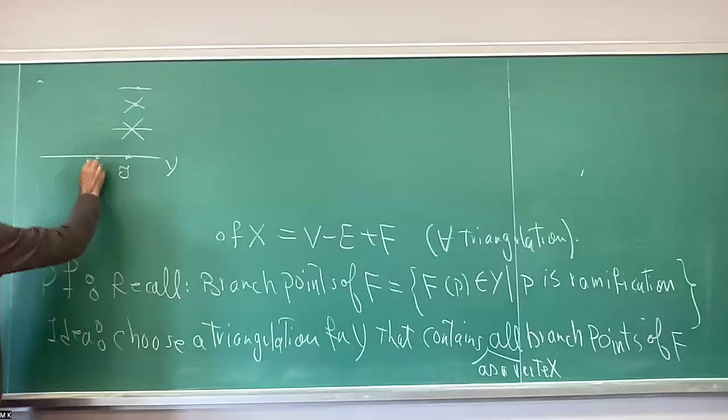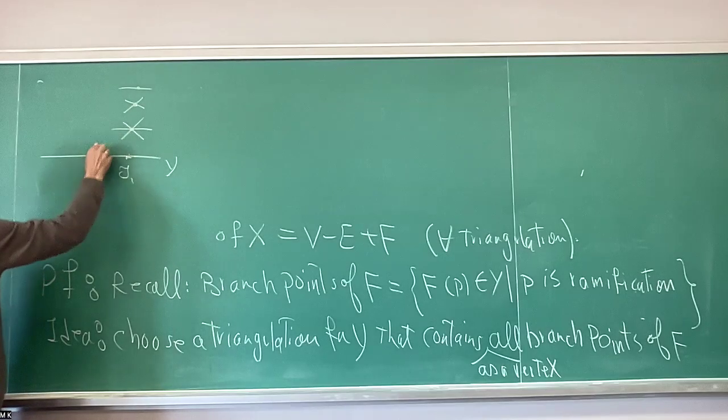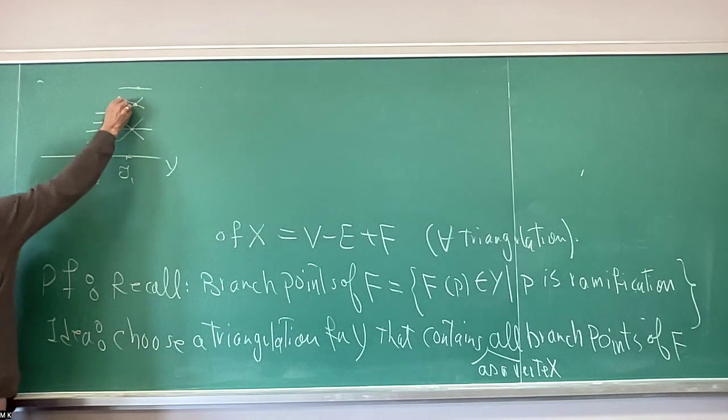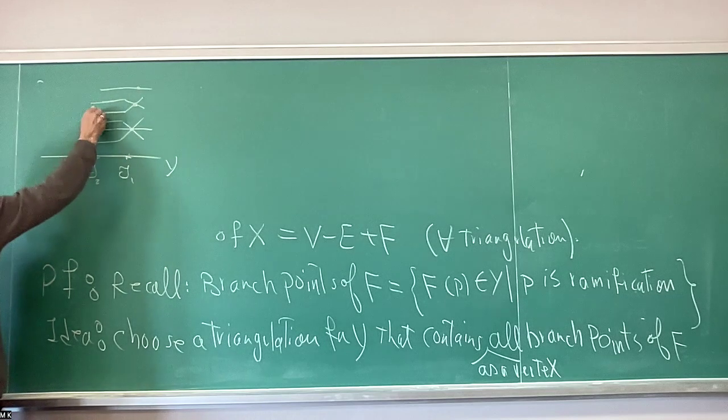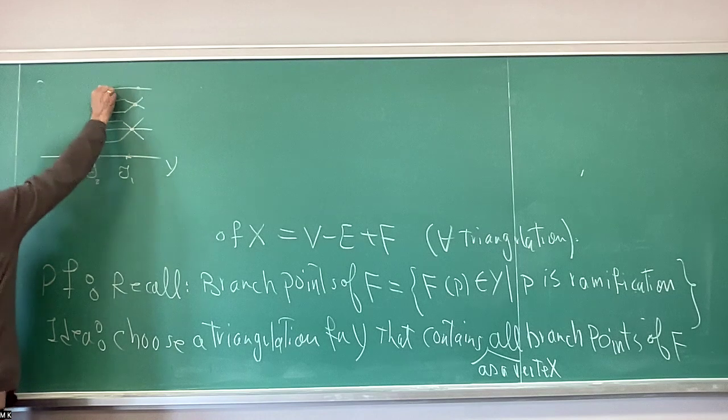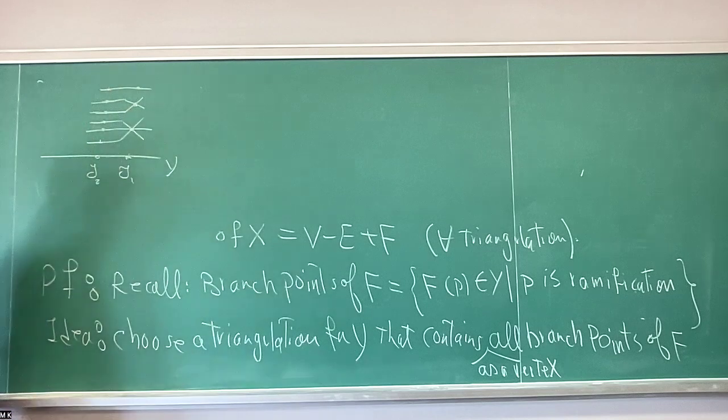Then you can have another point, so this is y1, y2. Another point is just, this is not a branch point, y2. So the inverse image are really 1, 2, 3, 4, 5, 6, and so on.